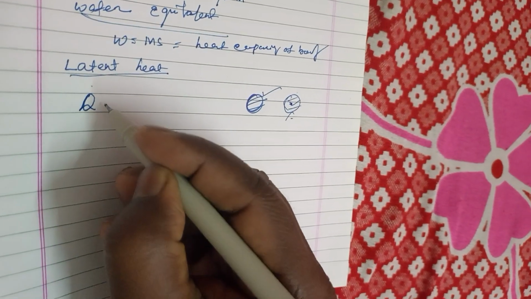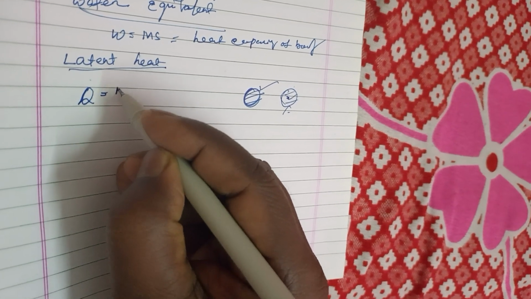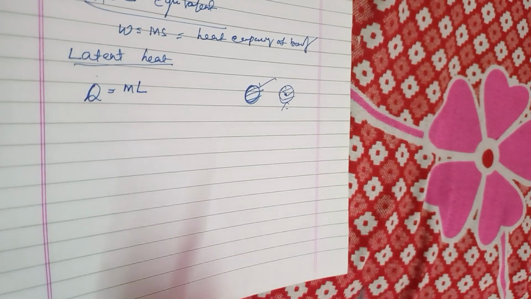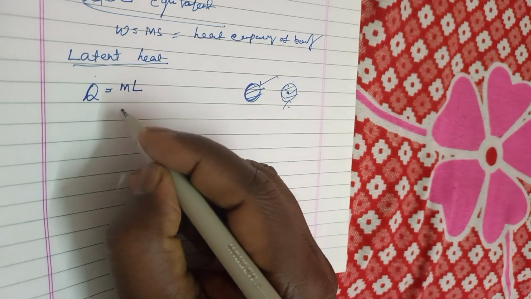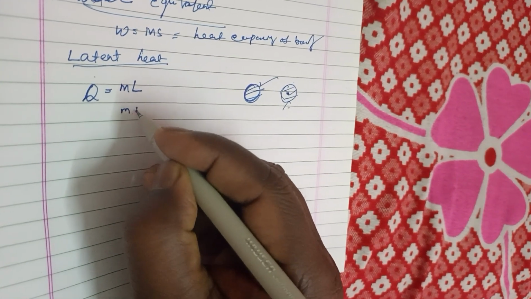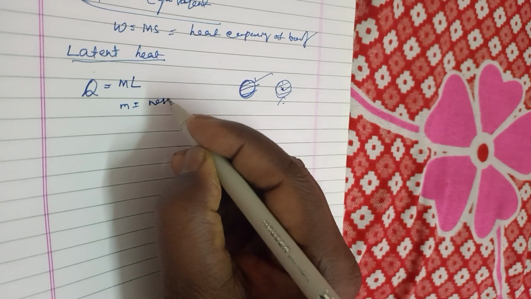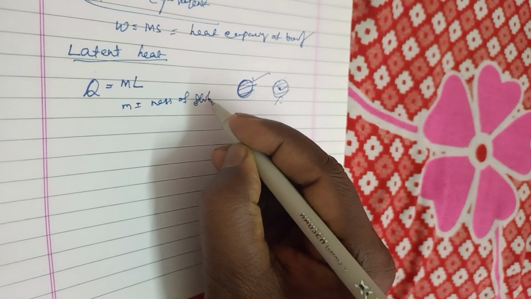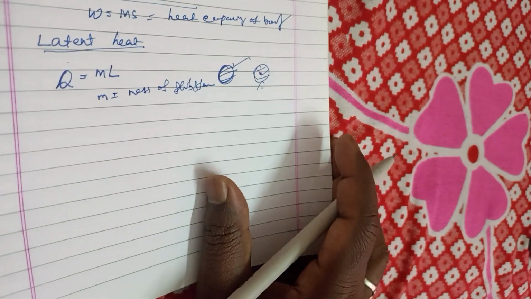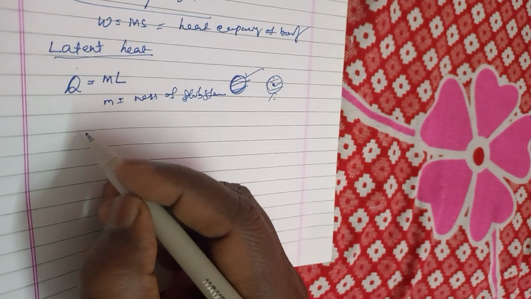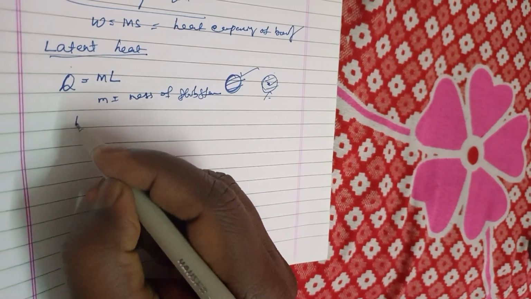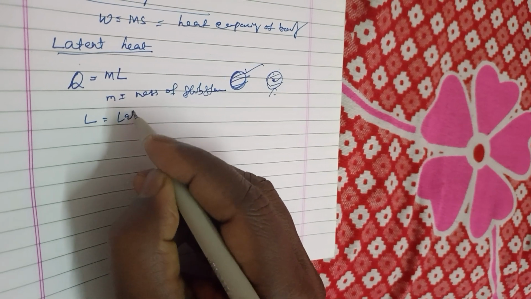Q is equal to mL, where m is the mass of the substance and L is the latent heat.